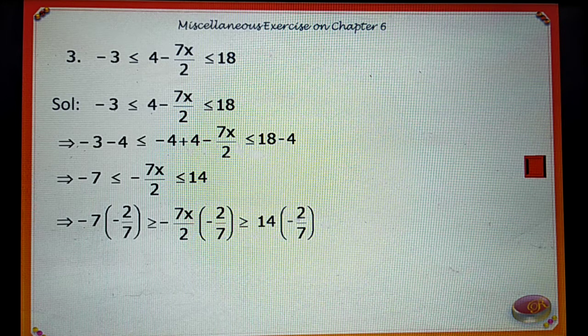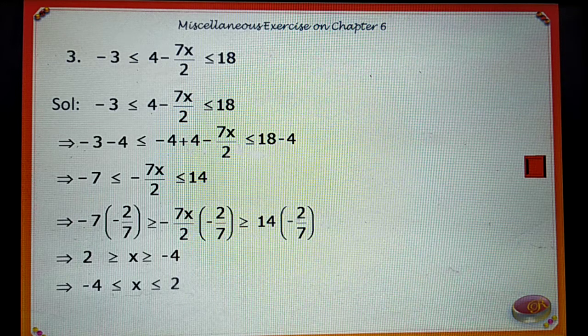Multiply throughout by minus 2 by 7 to eliminate minus 7 by 2 in the middle term. Implies 2 is greater than or equal to x is greater than or equal to minus 4. Implies minus 4 is less than or equal to x is less than or equal to 2.